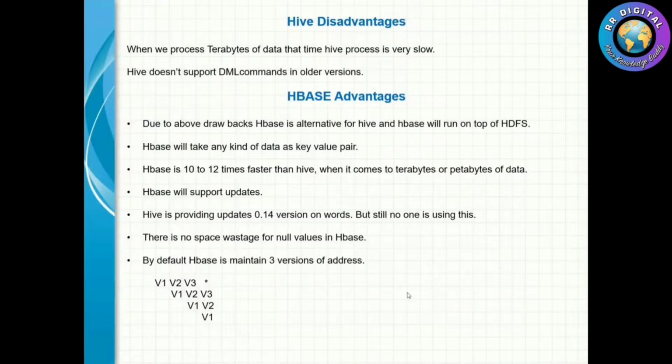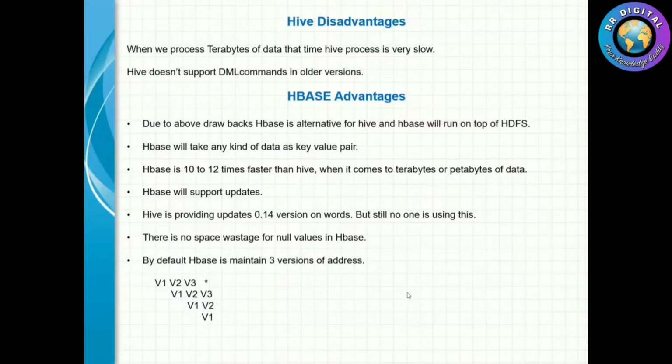Compared to Hive, HBase is 10 to 12 times faster if you are processing terabytes or petabytes of data. See, if your data size is in GBs or MBs, then there is not much difference between Hive and HBase. But if you are trying to process large data, terabytes or petabytes of data, at that time it will be 10 to 12 times faster.